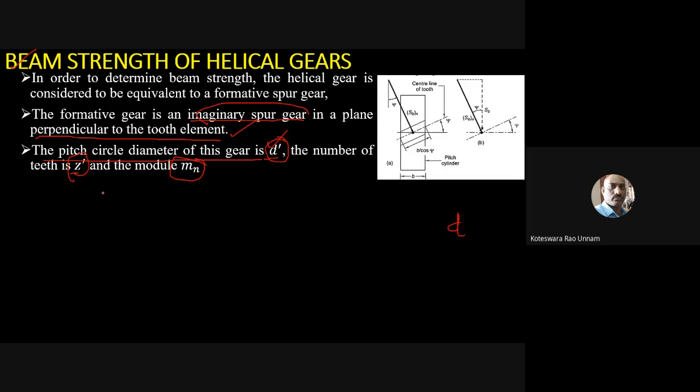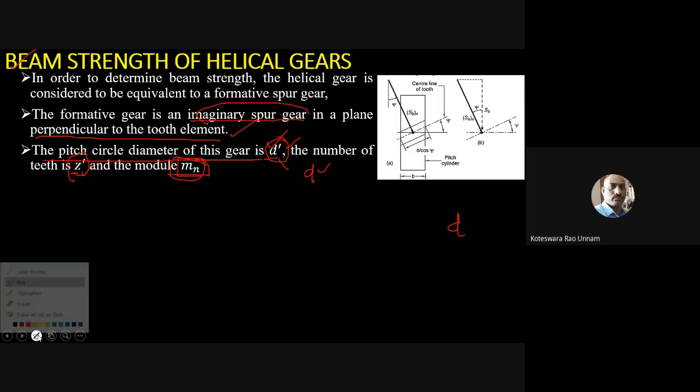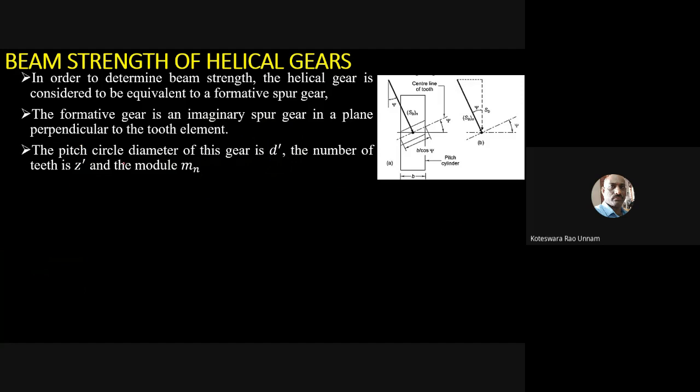We know the relation between the virtual number of teeth and the actual number of teeth, and also the relation between D dash, the pitch circle diameter of your virtual spur gear, and D, the pitch circle diameter of the helical gear. Mn should be the normal module. In the beam strength for the helical gear, you need to consider Mn. These are the only parameters we need to consider.